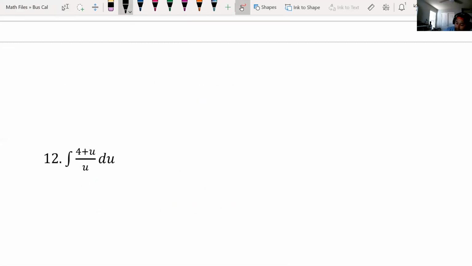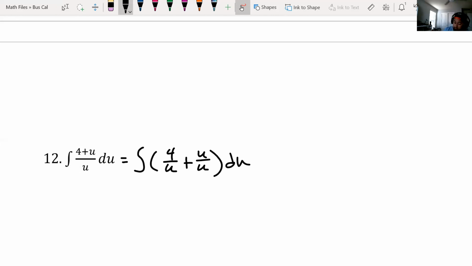This means I can split this into 2 separate fractions. I can make this the integral of 4 over u plus u over u du. So all I did was take the fraction and split it into 2 because they're over the same denominator.